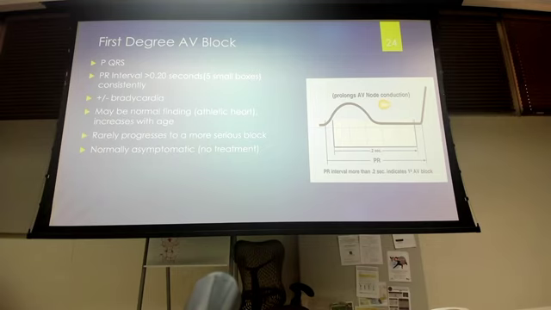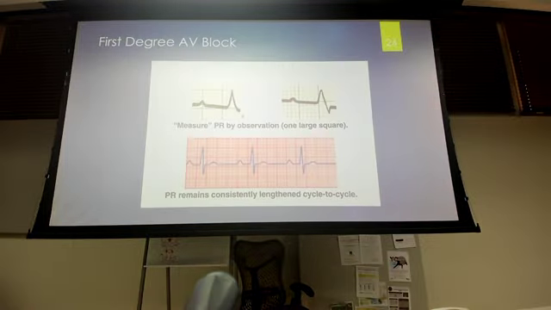Normally, there's no specific treatment once they've been cleared, and it's just something we document in their medical records. Prolonged PR interval, that's it. But it's the same every beat. It's consistently prolonged. It doesn't get longer and longer and longer. That's first degree AV block.